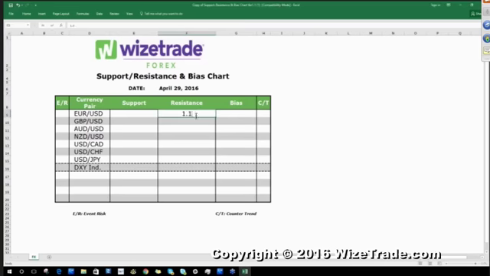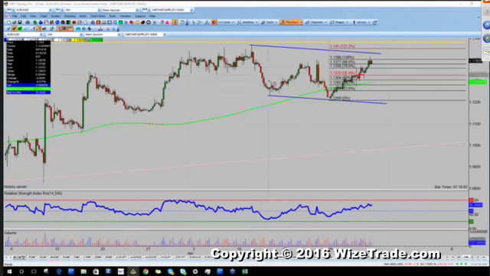But I realize I don't even know if we're going to make it all the way up there. I'm kind of skeptical that we take out the overnight highs at this point in time. All right, now support for the euro dollar.